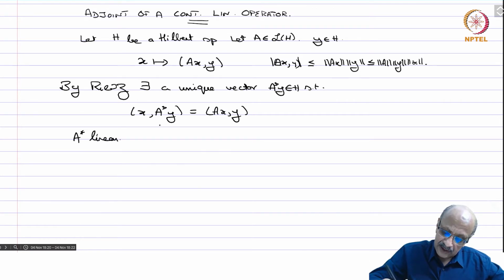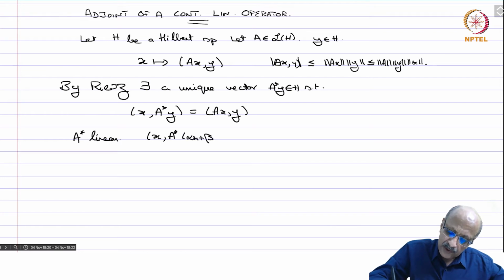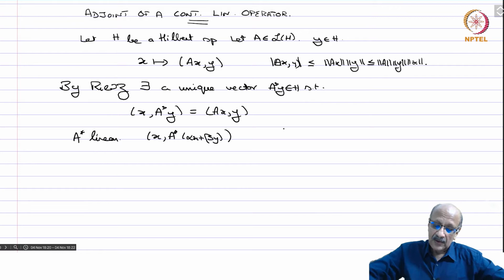Okay, let us check that. Since we are dealing always with complex spaces, it is better to check it once and for all. So let us take <x, A star (alpha y + beta z)>.